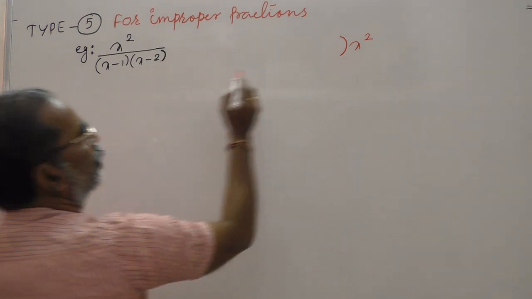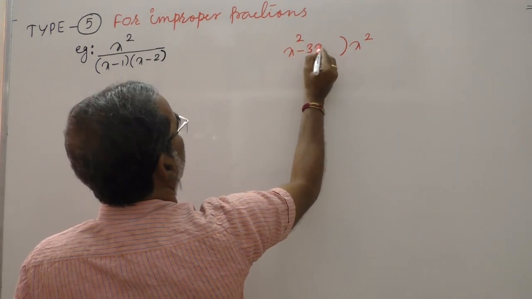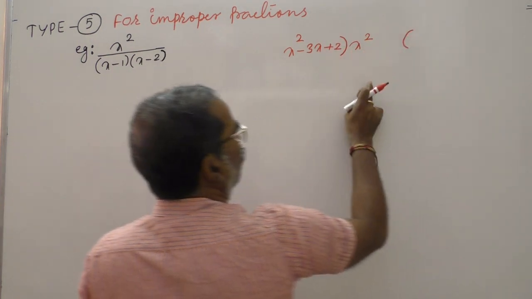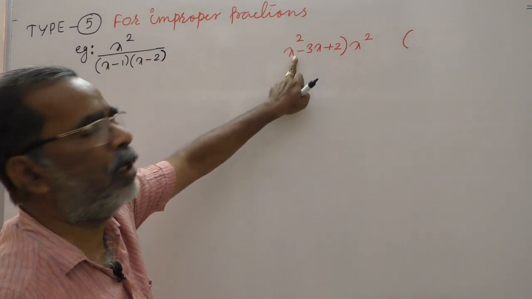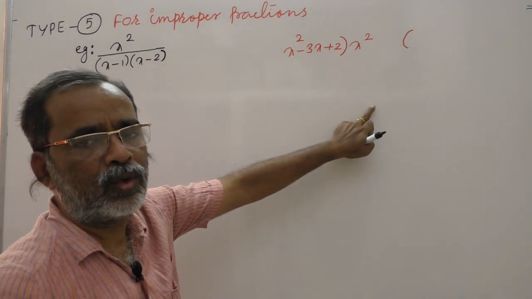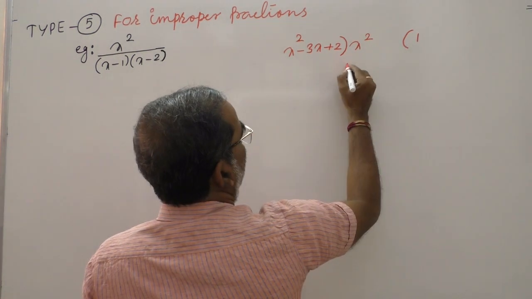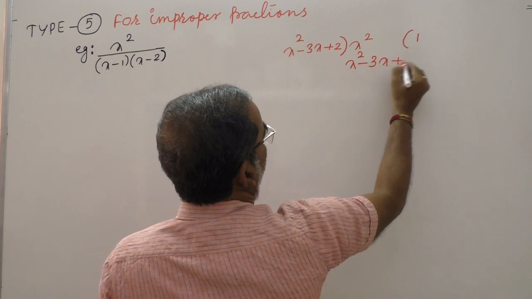If you take its product, it will be x square minus 3x plus 2. You should divide until you get a remainder of degree less than this. Its degree is 2, no? Remainder should be first degree. Okay. We should divide with 1. So x square minus 3x plus 2.